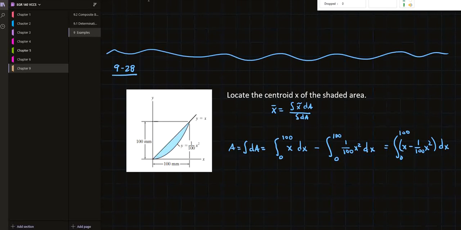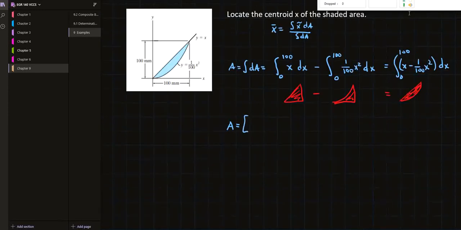So again, what that is, we're taking this triangle that we calculated here, we're subtracting off this. So you have to understand how your integration works. We're subtracting off this area because what we need is everything in between this area.